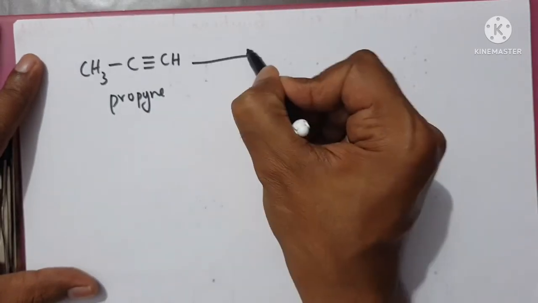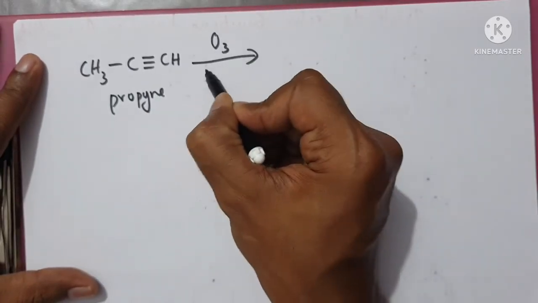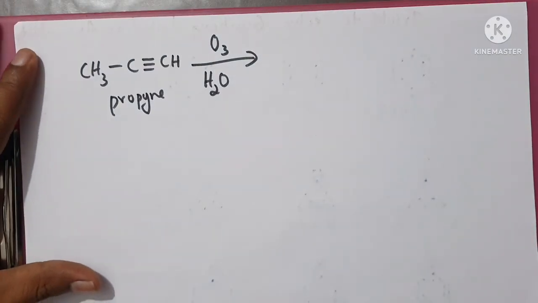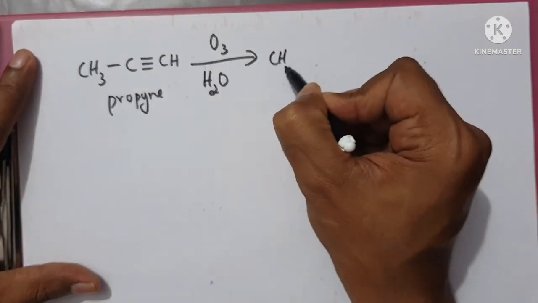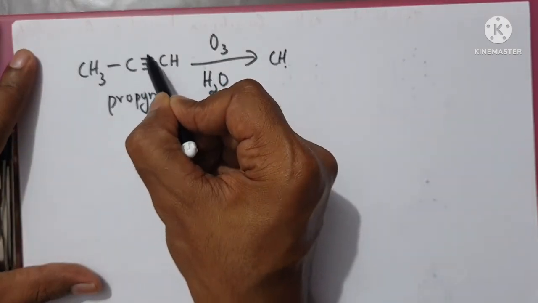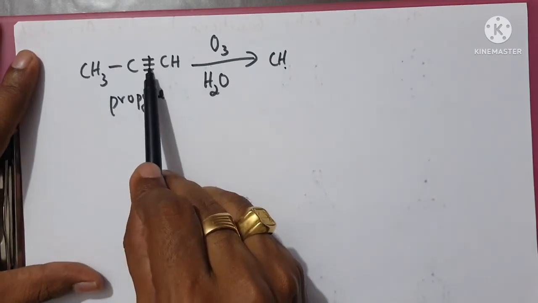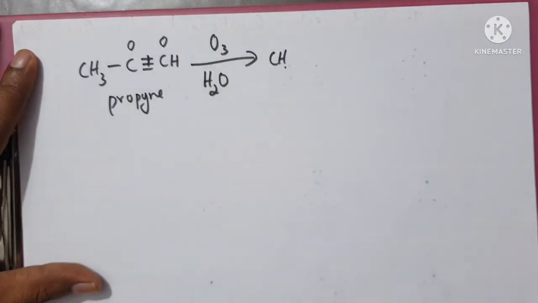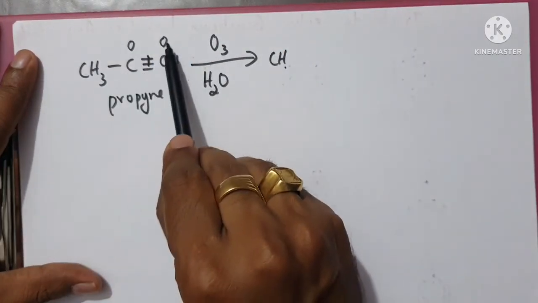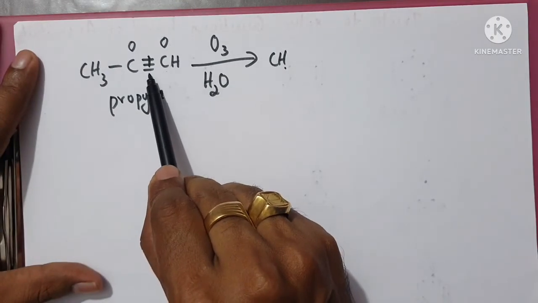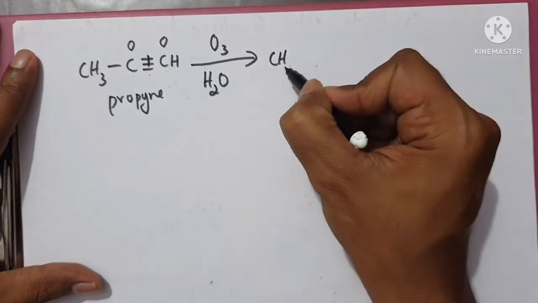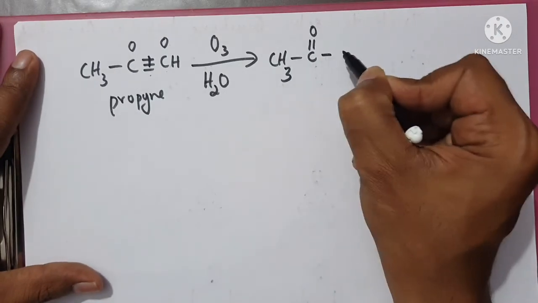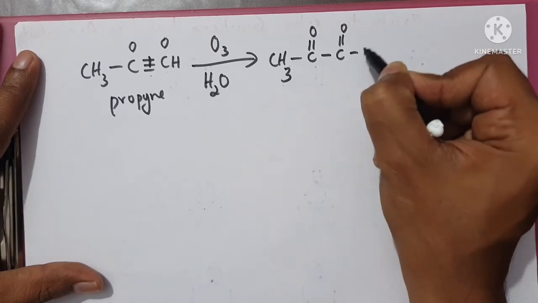This propyne, when it is treated with ozone in the presence of water, these 2 bonds will break. Remember children, add 1 oxygen here, 1 oxygen here, 1 oxygen here, 1 oxygen here, and let this bond be the same. So what happens? CH3, C double bond O, C double bond O, CH.